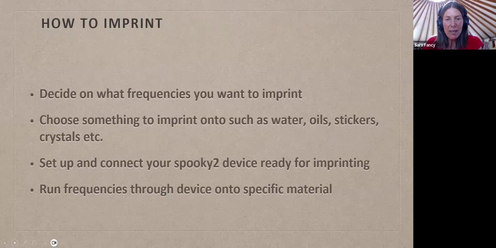Okay, choose something to imprint onto, such as water, oil, stickers, crystals, etc. Set up and connect your Spooky2 device ready for imprinting. And then run the frequencies through the device onto the specific material. So that's pretty straightforward. Okay, that's your step-by-step. This is how you're going to do it, but you have to decide what you want it for.